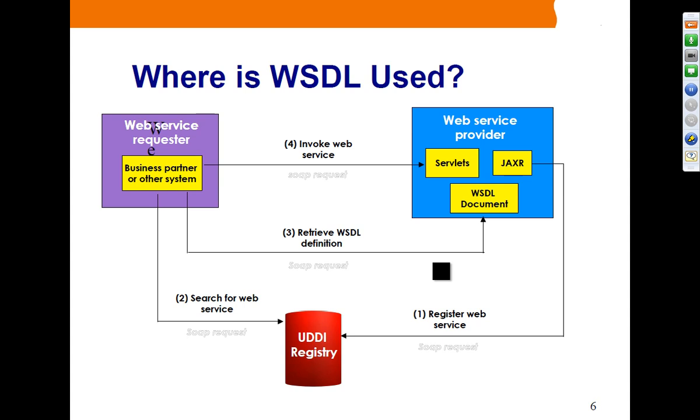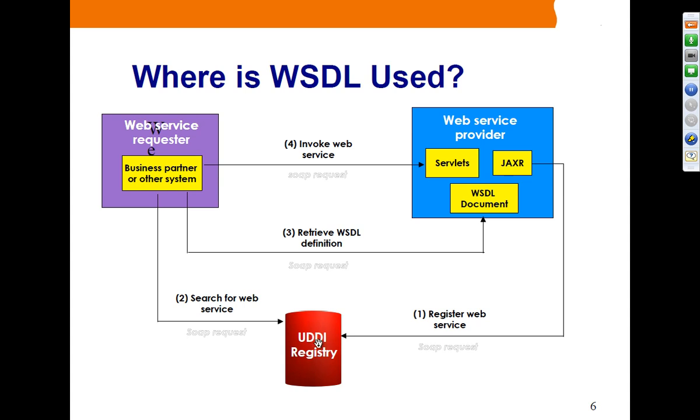So how and where is a WSDL document used? Typically, the web service provider will have the WSDL document available, and the WSDL document should be accessible to the client. A long time ago, there was what is called the UDDI registry, which you can think of as a registry of all the web services.